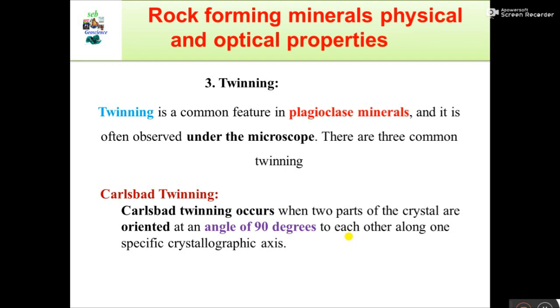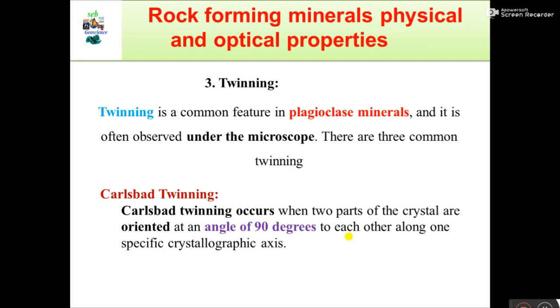This one is twinning. Twinning is a common feature in plagioclase minerals, and it is often observed under the microscope. There are three common twinning types. Twinning is observed in cross-polarized light, when the analyzer is in.